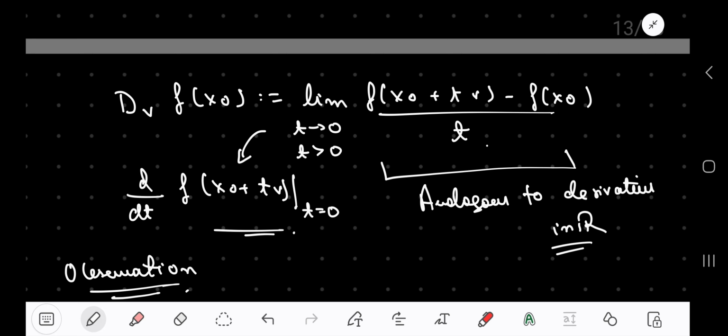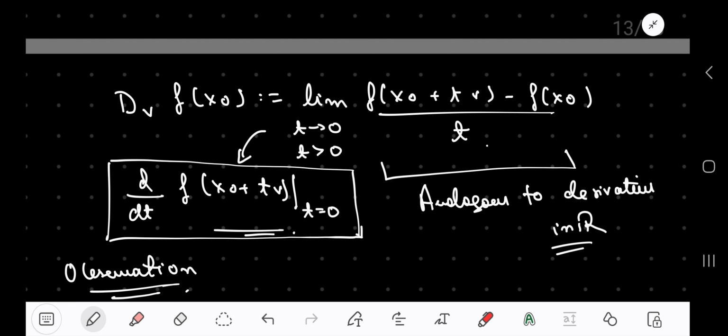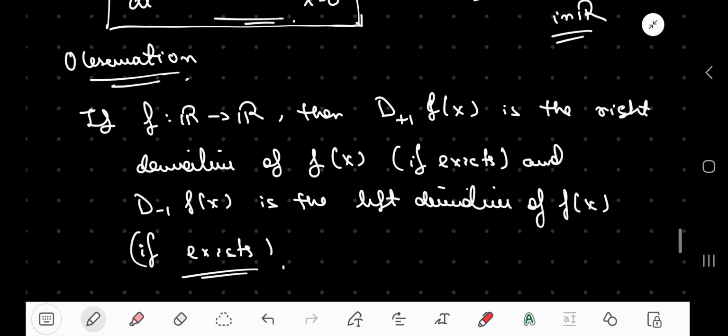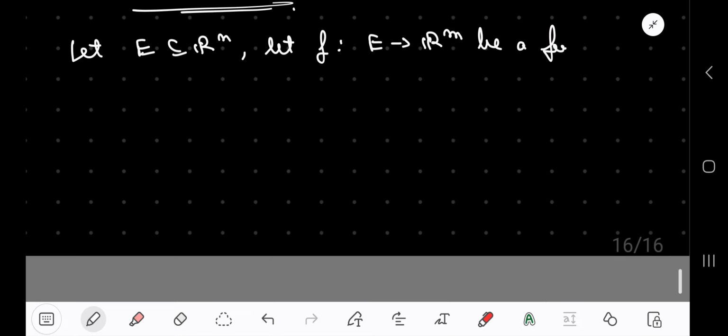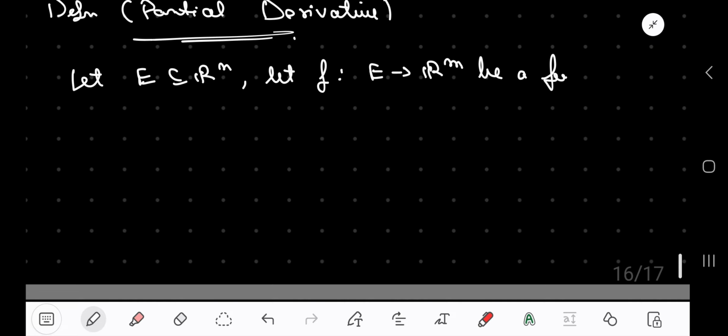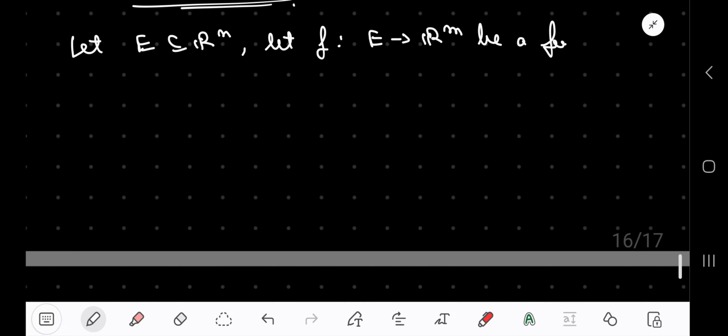Clear? Okay, this is a better way to observe things. Like, if f is a real valued function, then this is far better understanding. We will make use of this as well. This makes things easier to calculate.